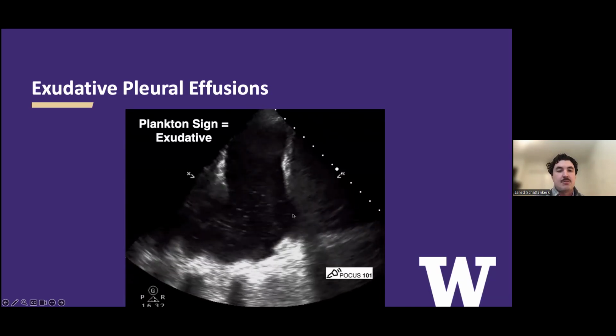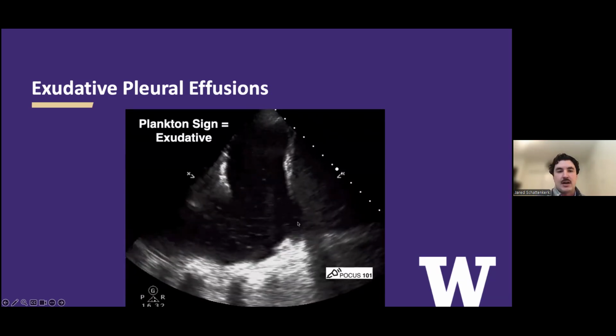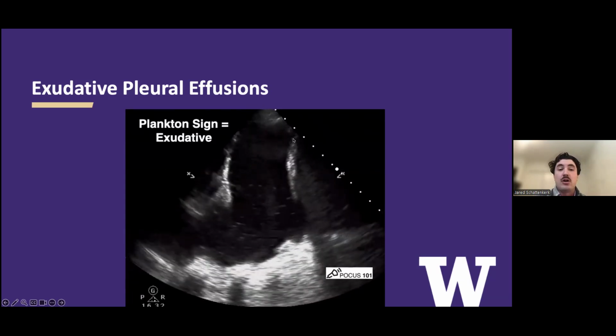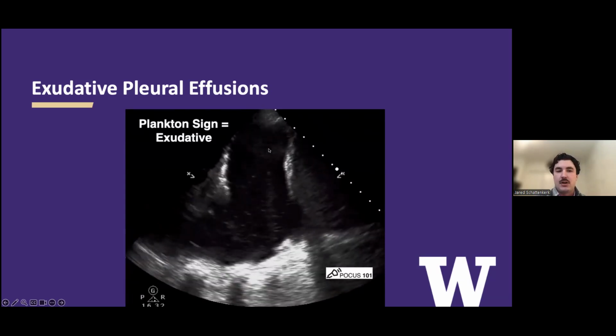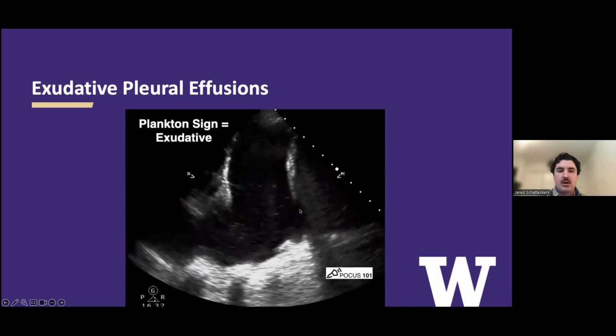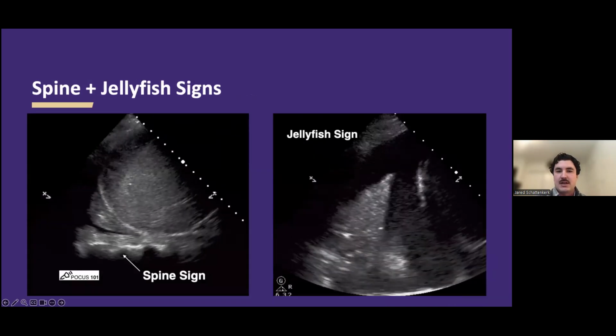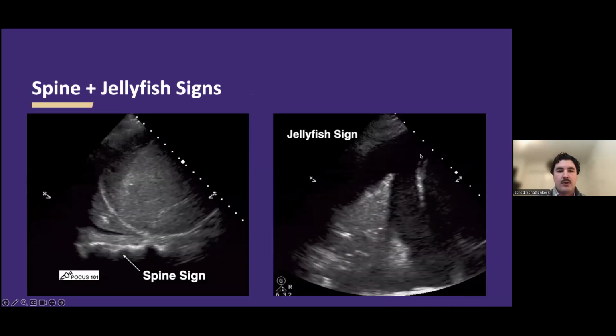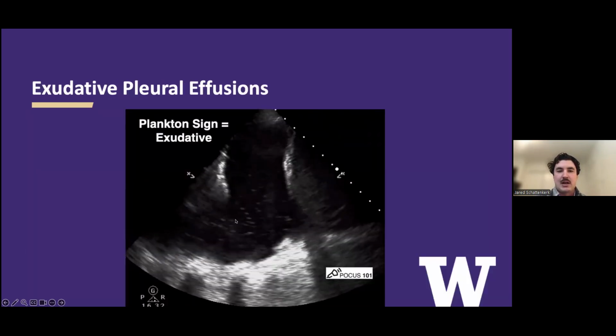Obviously, you would need to sample the fluid and look at Light's criteria or the PFO3 criteria to confirm that, but this could give you an early hint, before you're able to get a sample, that this might be an exudative as opposed to a purely transudative effusion. You can see in the last image a simple anechoic fluid collection, but here you have swirling hyperechoic debris, which can occur in exudative effusions.